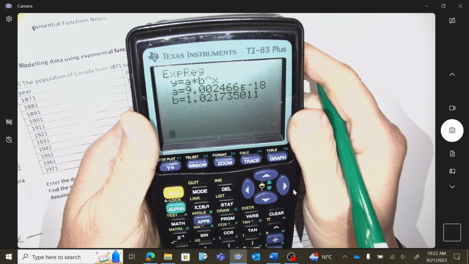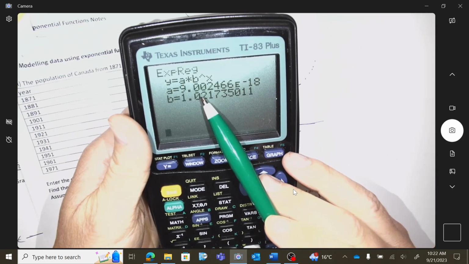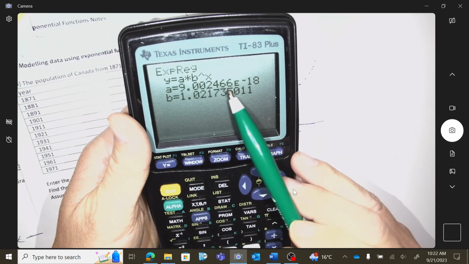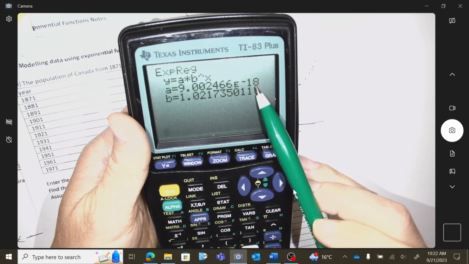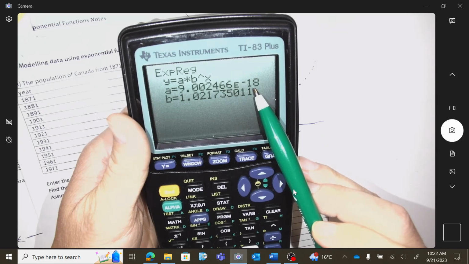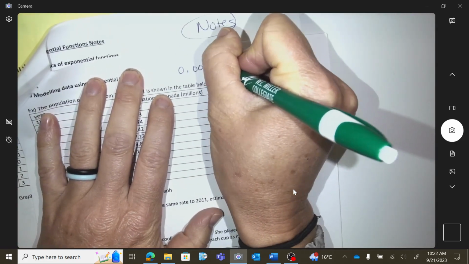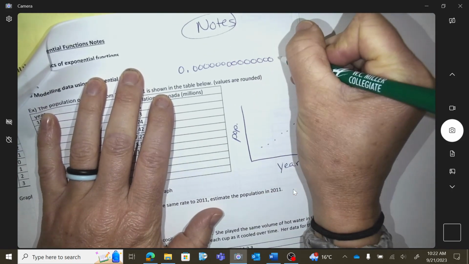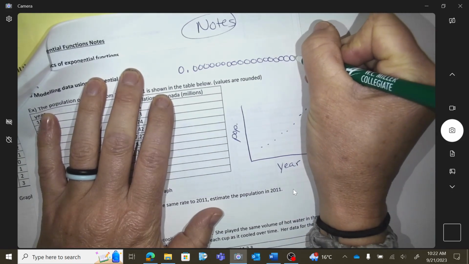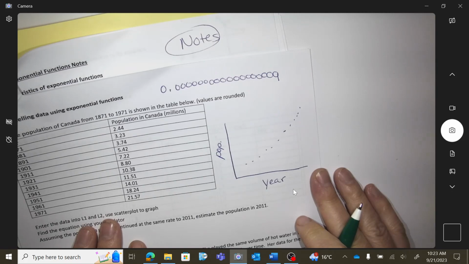Okay, this is kind of awkward. What does this mean in math when it's like 9 e to the negative 18? Do you know what that means? It's really the number... That's what number that is. Wait, you know how many zeros?